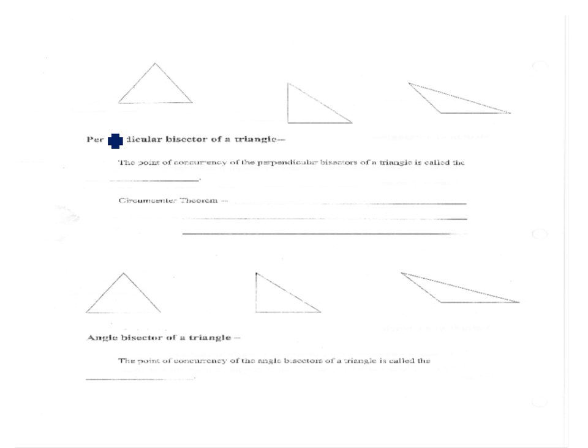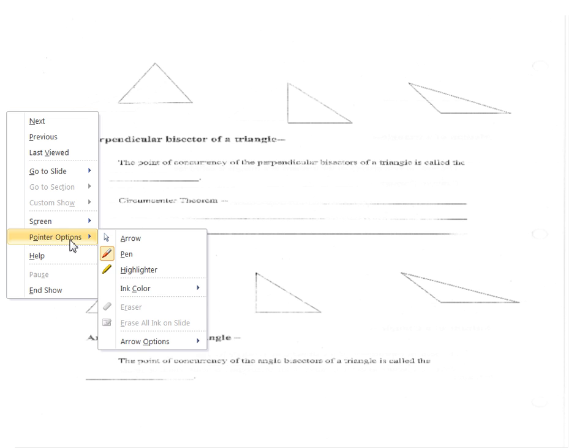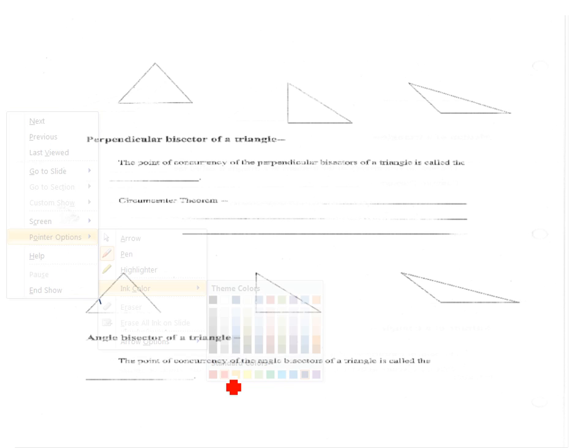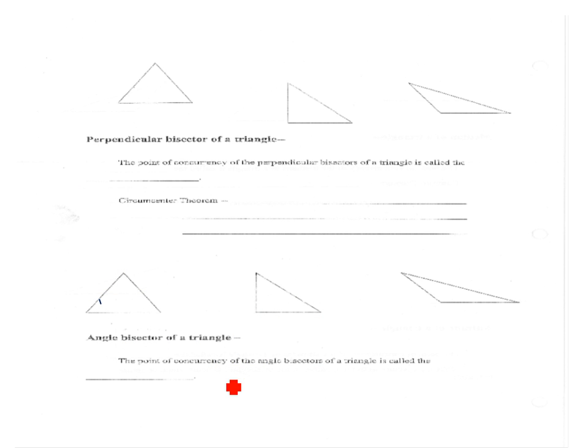Now, the reason perpendicular bisector is a little tougher, it's not just a segment. Perpendicular bisector does those two things to a side of the triangle. And it doesn't even have to be the side of a triangle, it could be anything. So perpendicular bisector of, let's take this side right here.